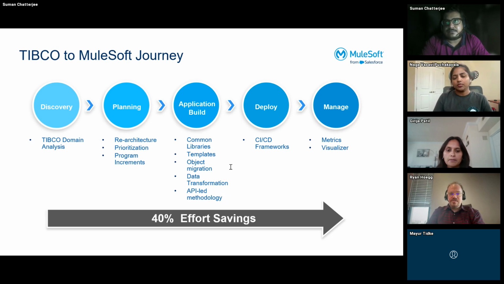Other than that, the monitoring phase. Now, this is where your stakeholders come into place. The business folks don't want to see how your application is created. They want to look at your analytics, your performance. This is where your Anypoint Monitoring tool comes into the picture, and you can show them graphs and statistics about how your API is working.